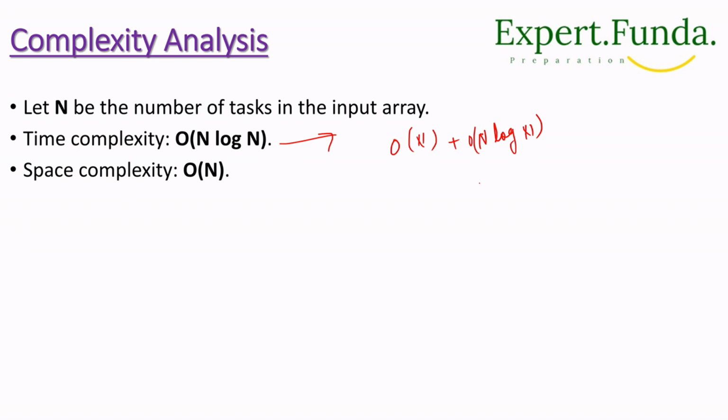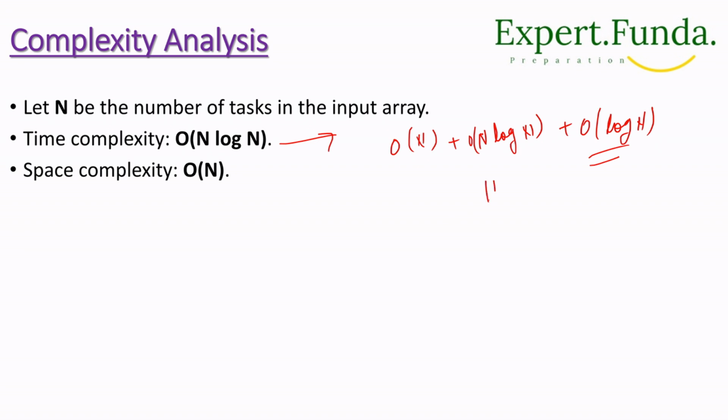And we push and pop each task once in the min heap, and both operations take O of log n for that one. Time for each element, so it will take a total of n log n, right?